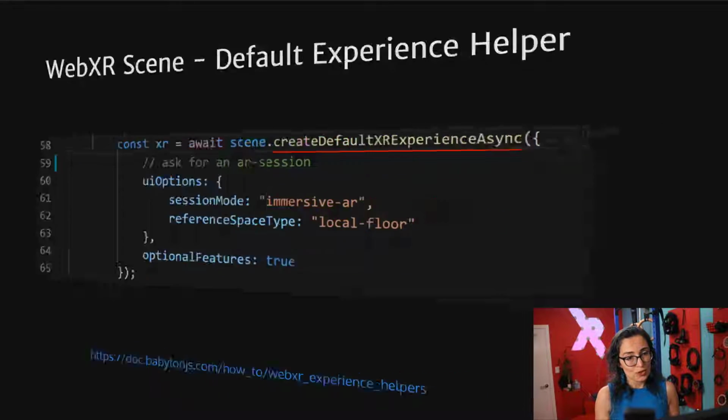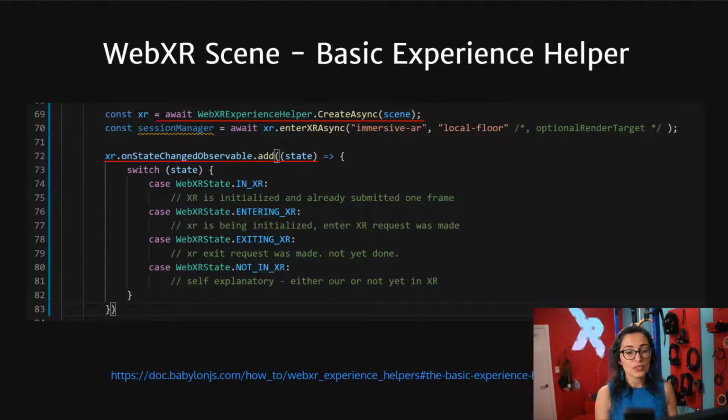There's another way to do this as well, which is a basic experience helper. If you decide to use this, you have a little bit more flexibility, but you also have to make sure that you start your session manager and you set up your camera.